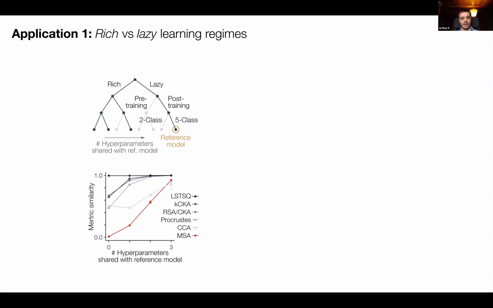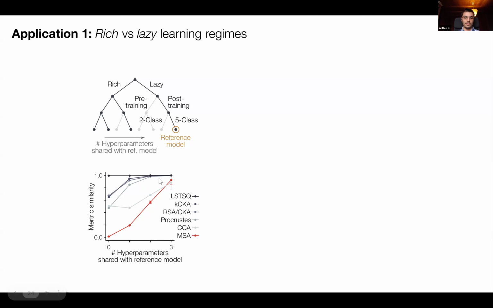If I do that, what I see is that the similarity between the networks is strongly correlated with the number of hyperparameters that they share. If all the hyperparameters are the same, then they have a similarity close to 1. And as I continuously change the hyperparameters, the similarity decreases and decreases. But that's not the case for all methods.